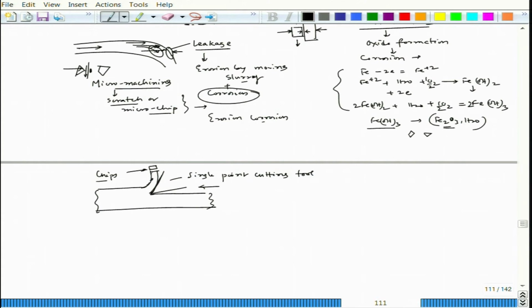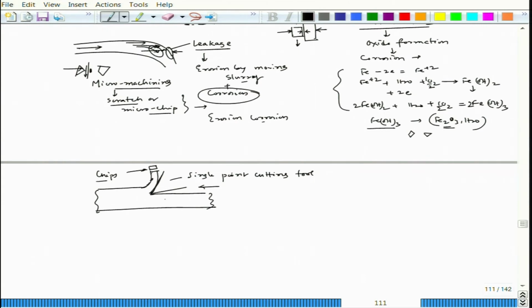Now, here you could see those are the tiny particles, and it is not like a single point cutting tool is continuously moved against that object. Here the tool can move or the object can move, fine, but here what happens, the object is stationary, but the tool, which are basically those tiny particles, are actually giving stress.